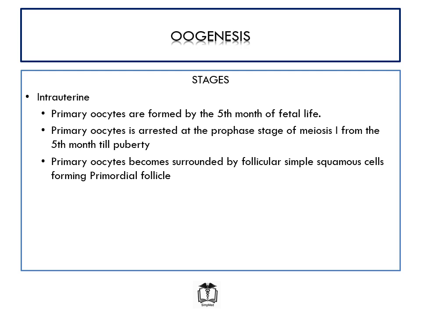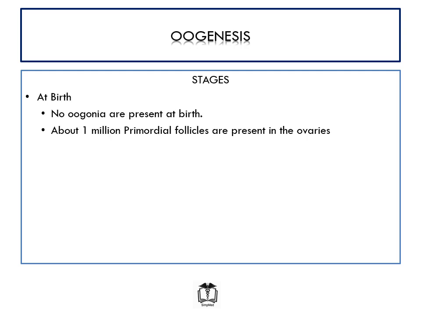And we now tend to see from there, moving from intrauterine life to birth to puberty, a reduction in the amount of primordial follicles from this point henceforth. So before birth, all the oogonia present within the ovaries are being converted to primary oocytes, and all those primary oocytes are stuck at the prophase 1 stage of meiosis 1.